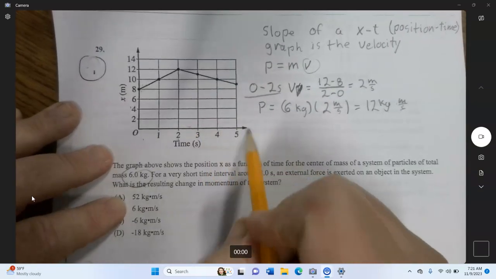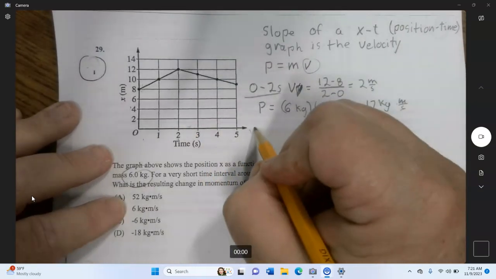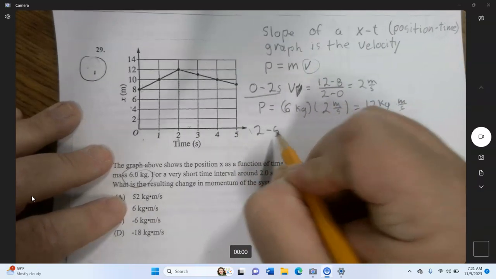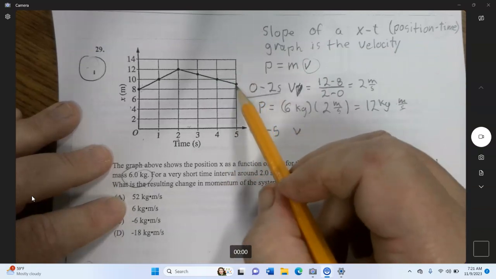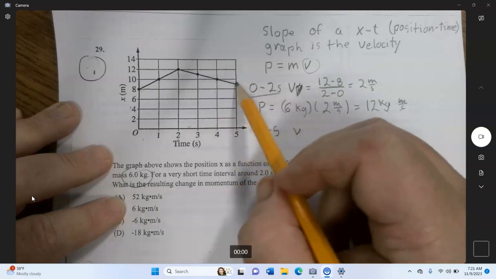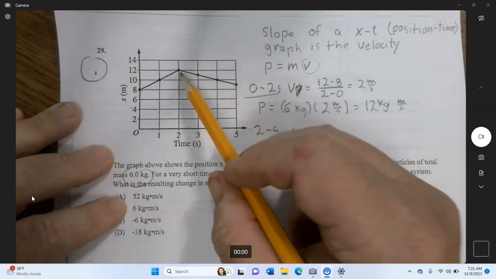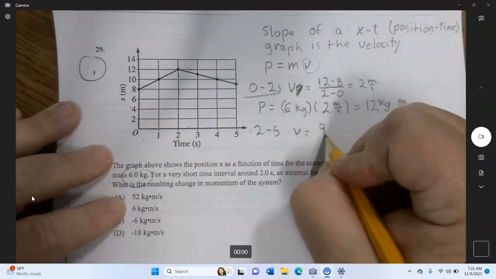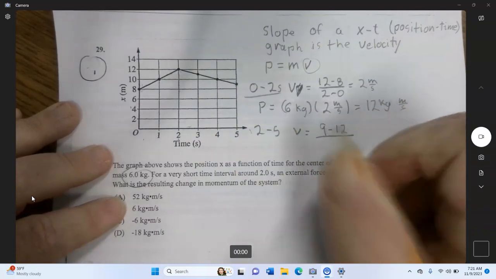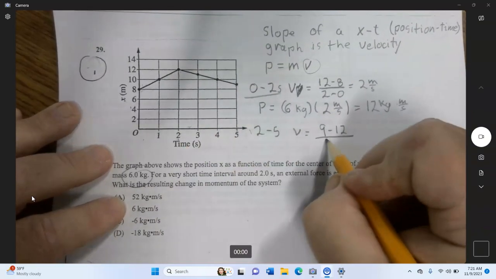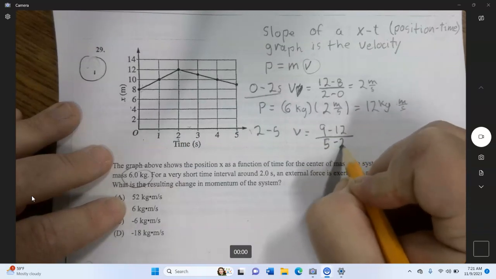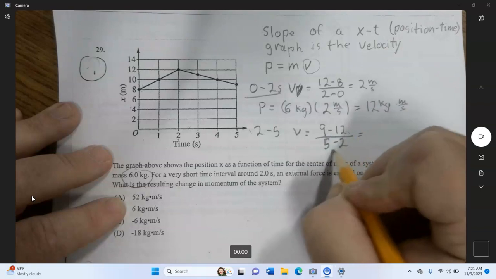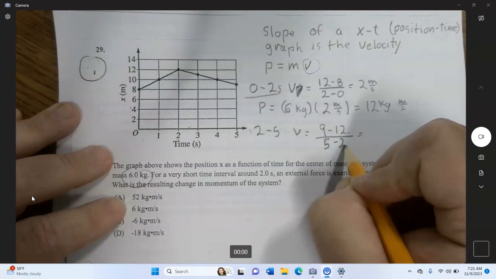Now from 2 to 5, we do the same thing. So the velocity is going to be, it looks like it's 9 minus 12, and it's 5 minus 2 on the horizontal axis. So that's going to be negative 3 over positive 3.